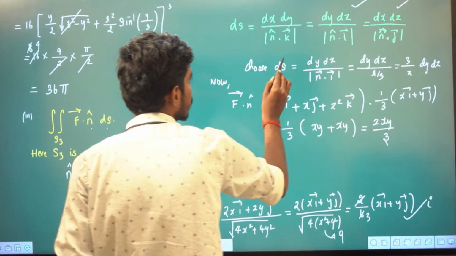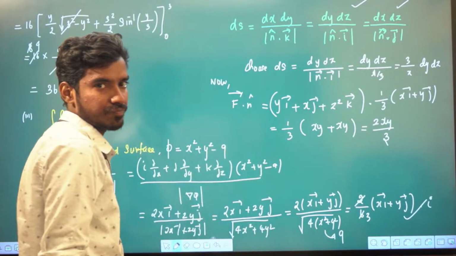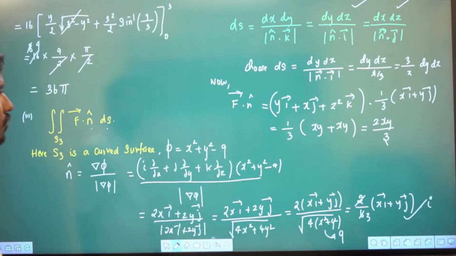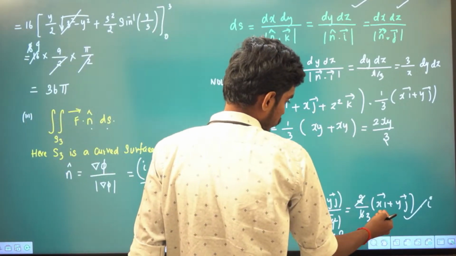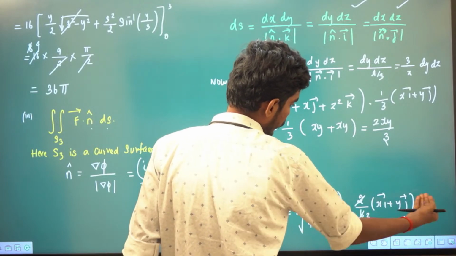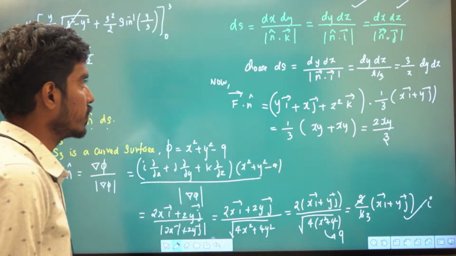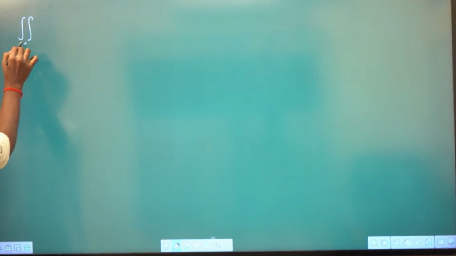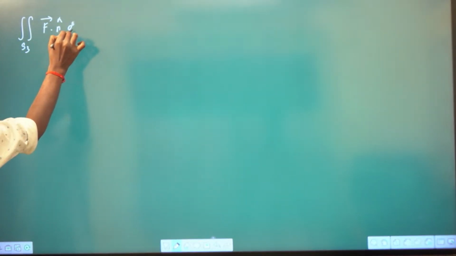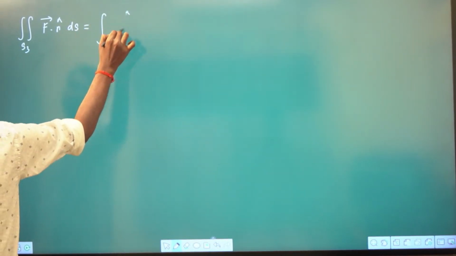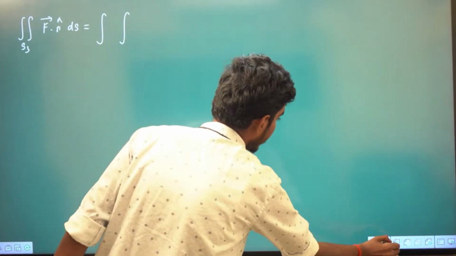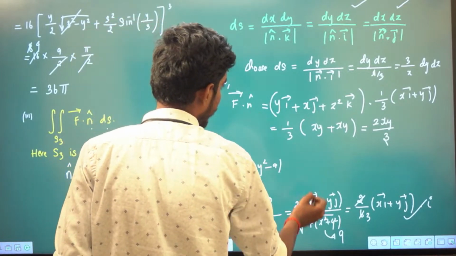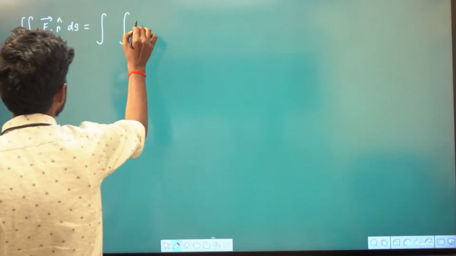If you choose the k one, n cap dot k will be 0, so don't do that. So therefore we are equipped with everything. So the surface integral of f vector dot n cap ds, where f vector dot n cap is 2xy by 3.